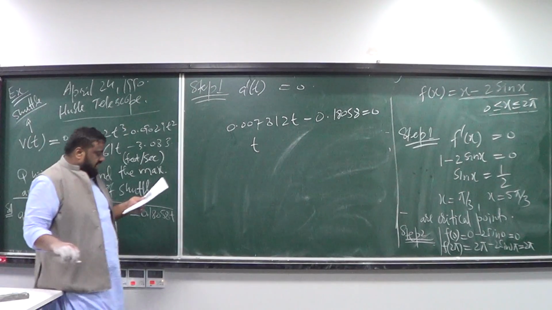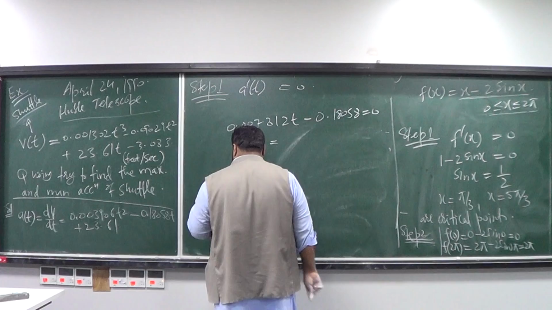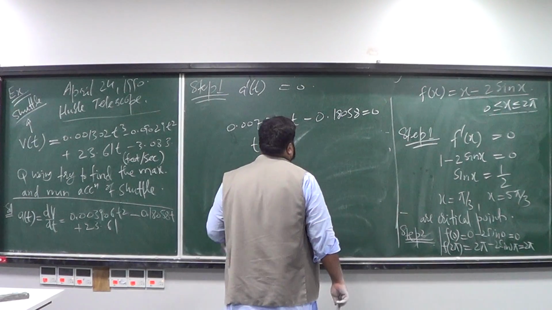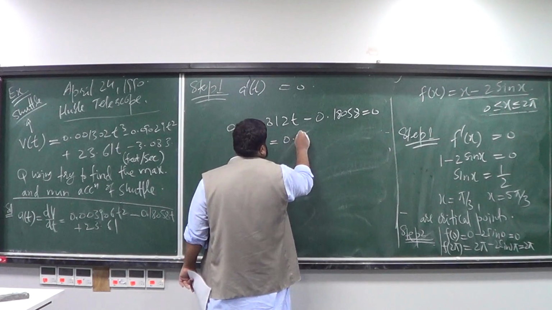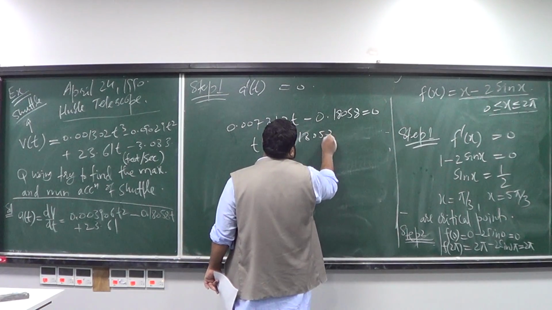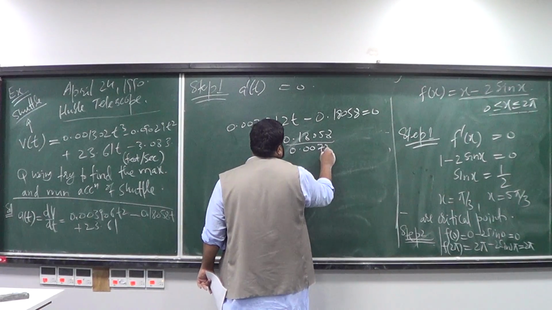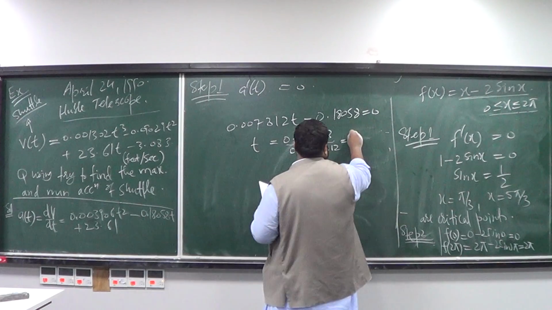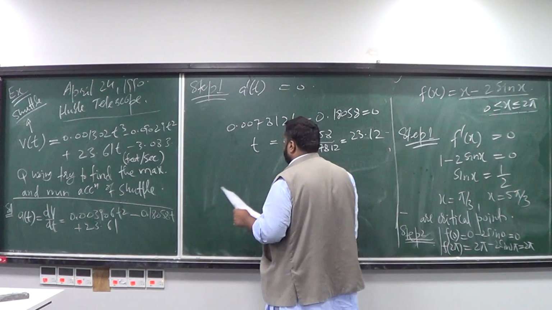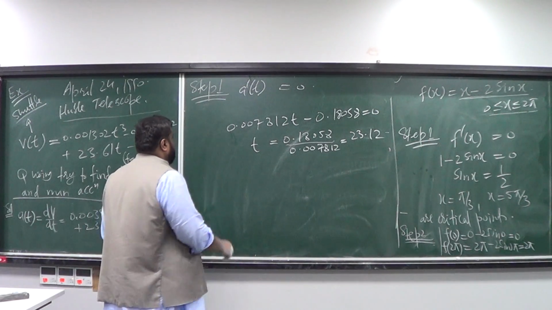So the critical time where it reached this is going to be what? You need to divide this by this. In other words, 0.18058 divided by 0.007812, which is going to be 23.12 seconds. So this is step 1.